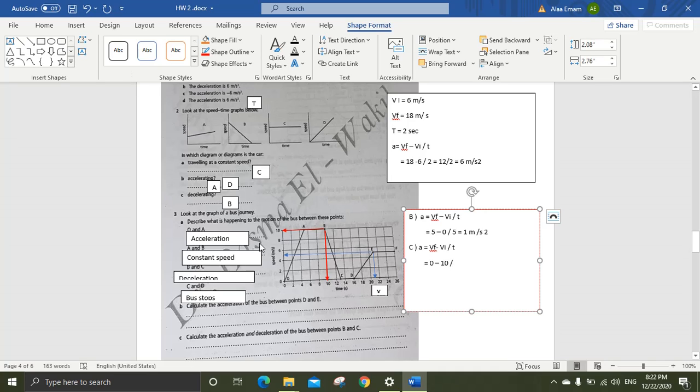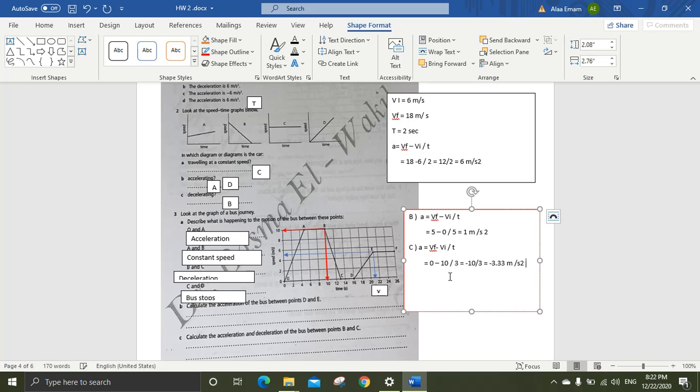So simply we need to calculate the time difference, which is 13 minus 10, which is actually 3. Now we get minus 10 divided by 3, so we get negative 3.33 meters per second square.